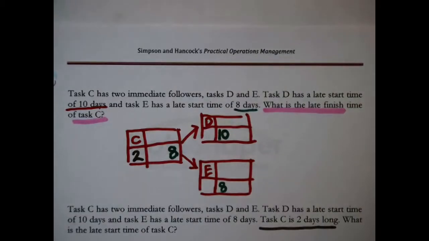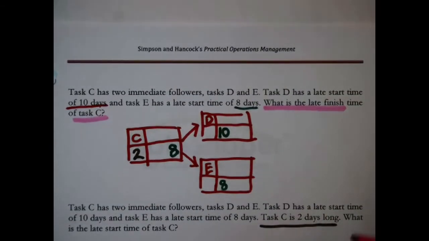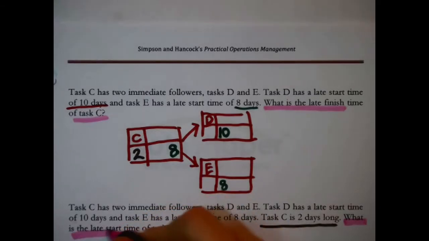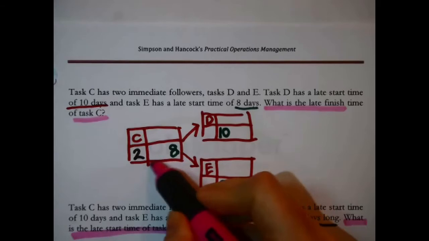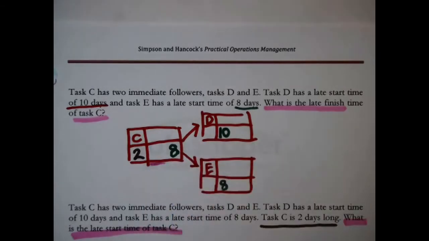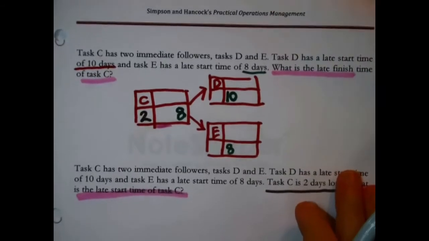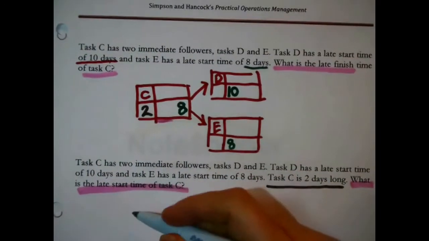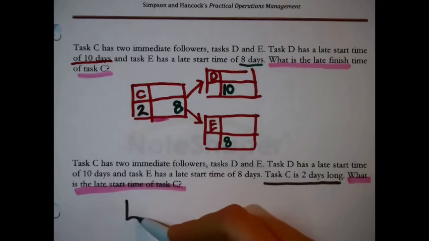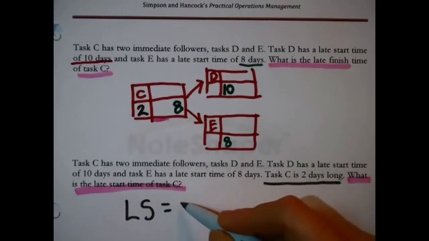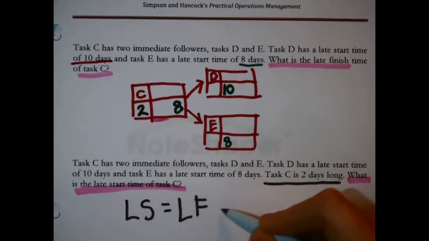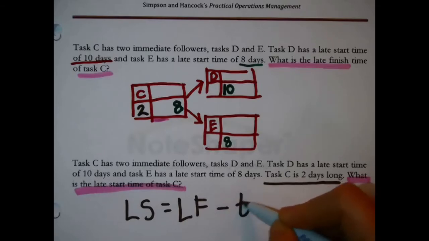And then what is being asked in this question? What is the late start time for task C? The late start time, oh, right here. So to answer this question, we remember this relationship. It's just logic. A late start time equals a late finish time minus the task time.